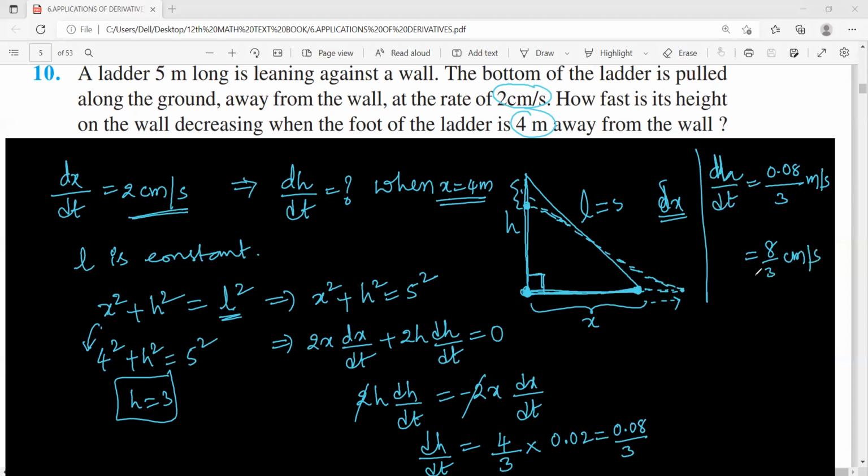Multiplying by 100, that's it. No problem, that way also. So here you need to understand that h and x are variables and L is constant, and this is the relation between h, x, and L.